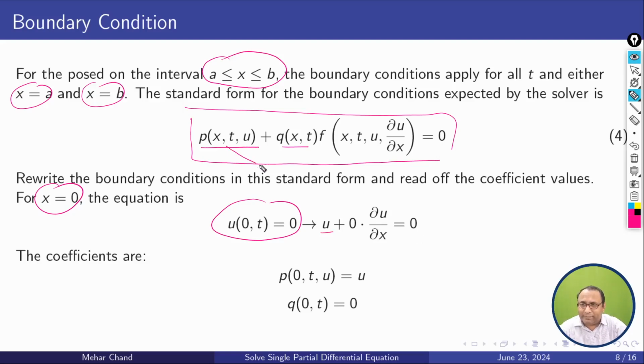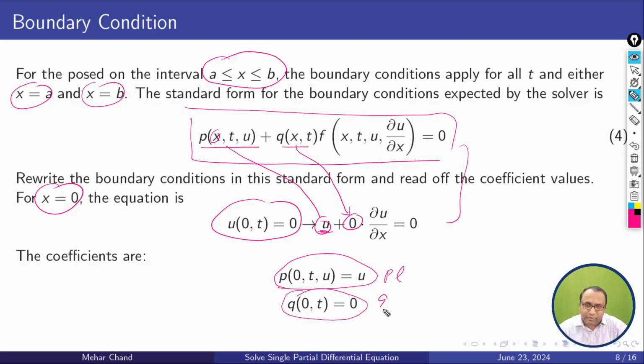When we compare these two equations, p(x,t,u) is equal to u, and at x equal to 0 it is u. This is pl. And q(x,t) is equal to 0, so q(0,t) is equal to 0. This is ql.